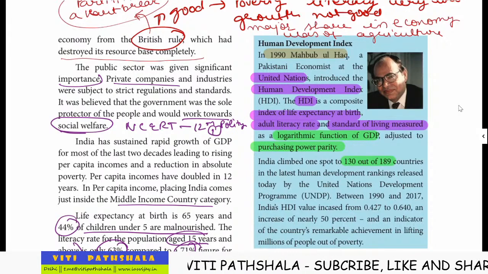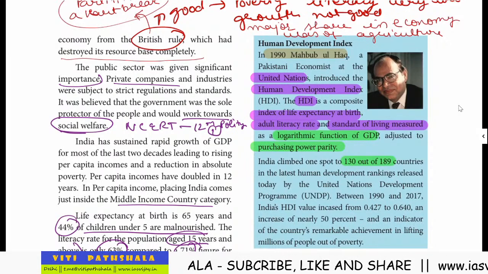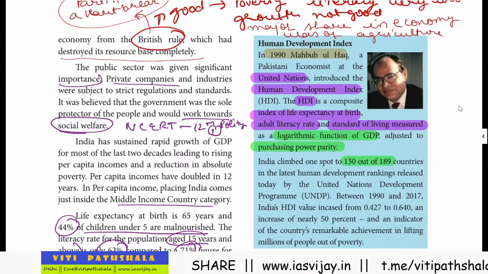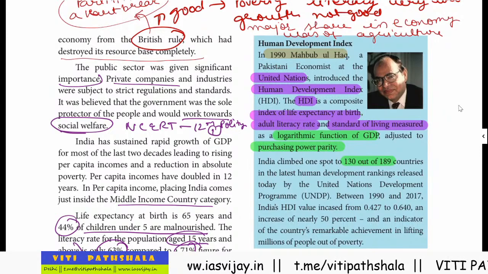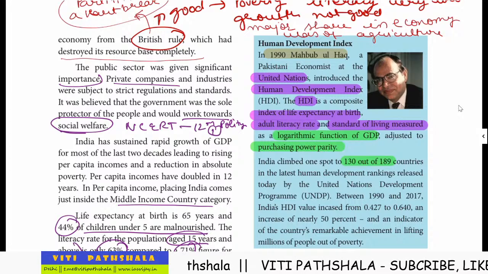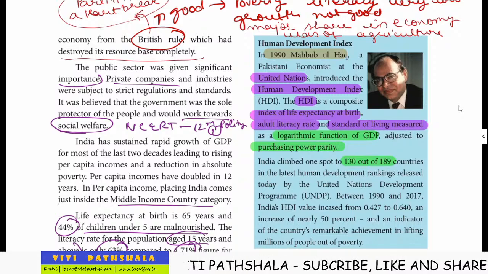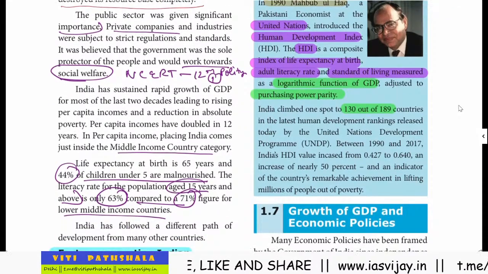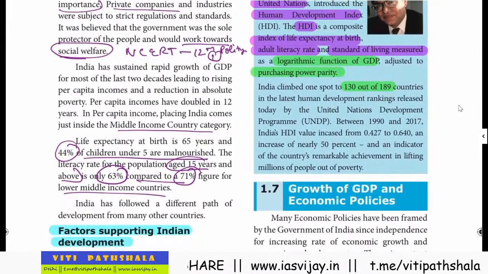That is at the time that the book was written. So this is not our concern. You have to see the latest Human Development Index. In the latest Human Development ranking released today by the United Nations Development Programme, between 1992 and 2017, India's HDI value increased.